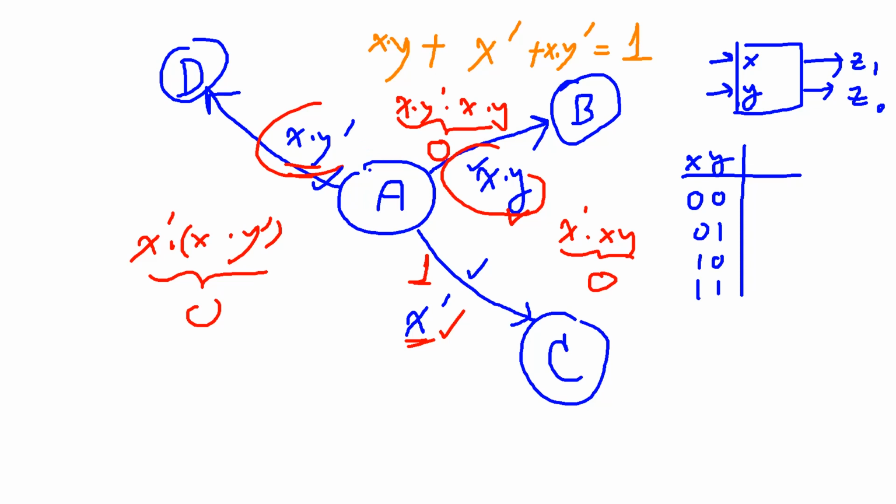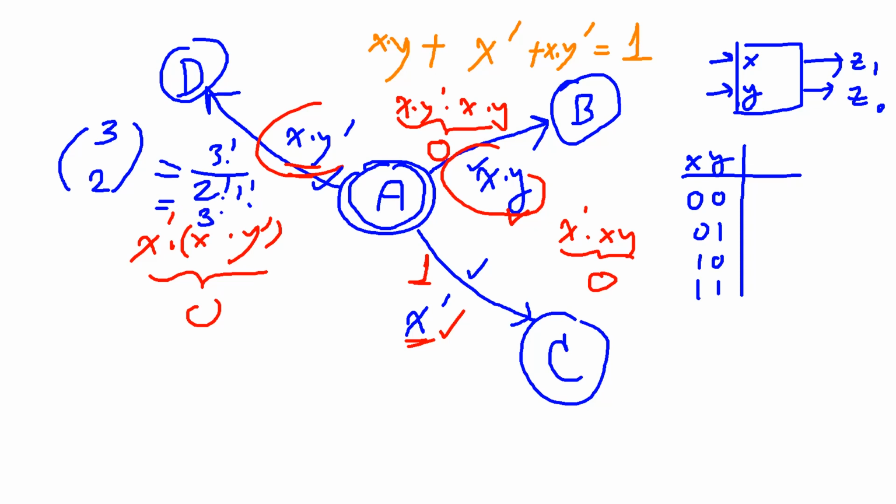So if you check, for example, in this example, at state A, there are 4 arcs or 4 arrows. So you must select 2 from 3, so it's 3 factorial over 2 factorial times 1 factorial, or 3 times 2 over 2 times 1, so it becomes 3.